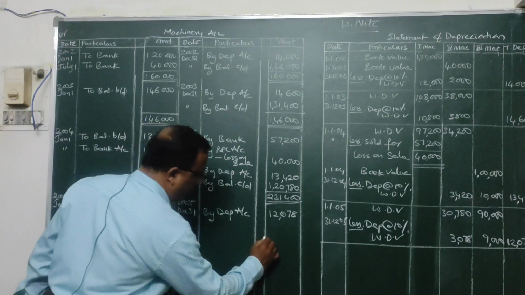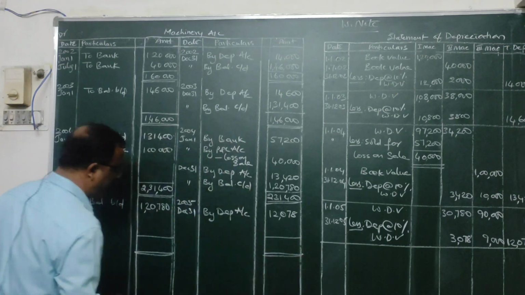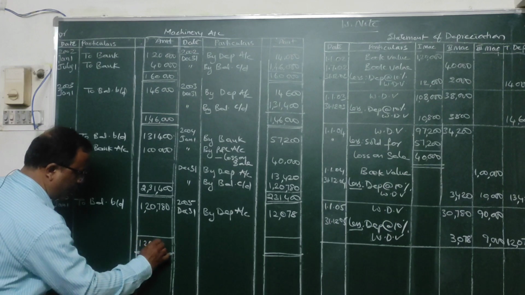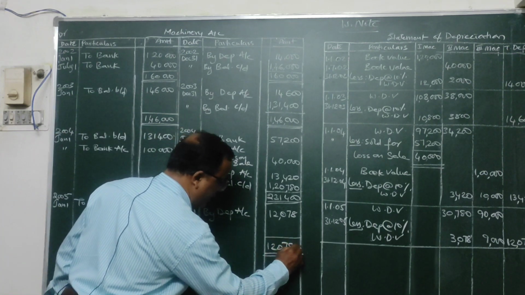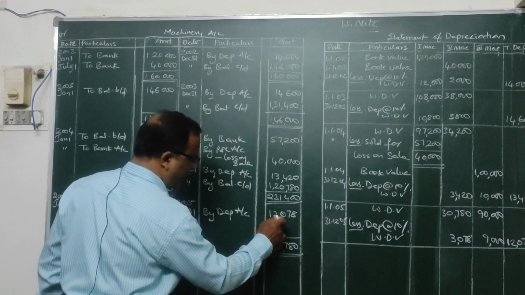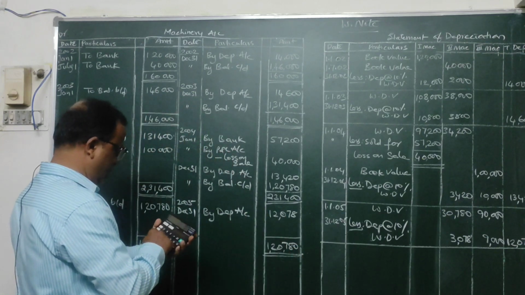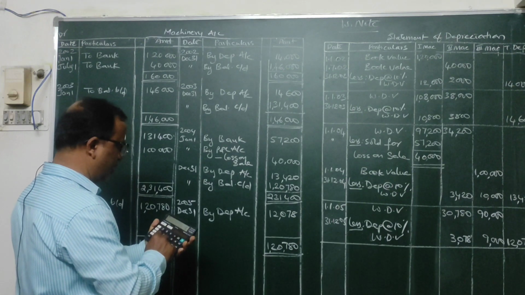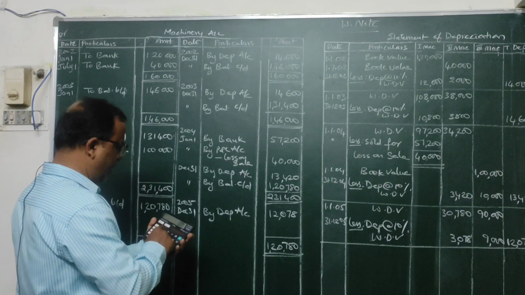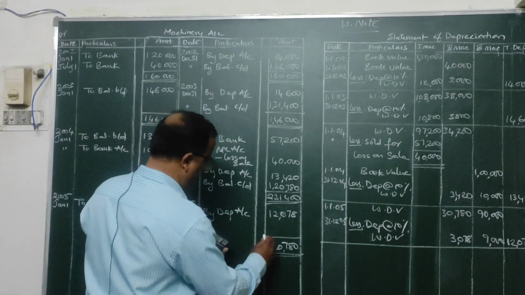So if you balance this one, how much will it be? Check it. 1,20,780. From 1,20,780, if you subtract 12,078, how much will the remaining be?